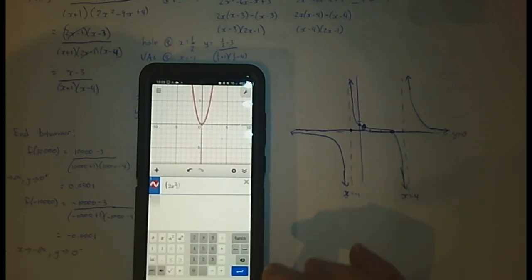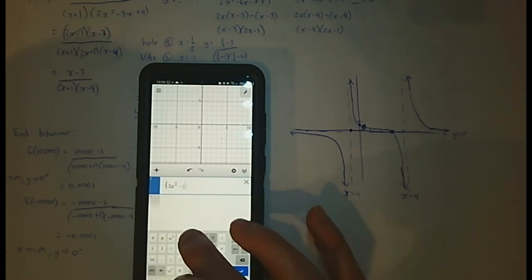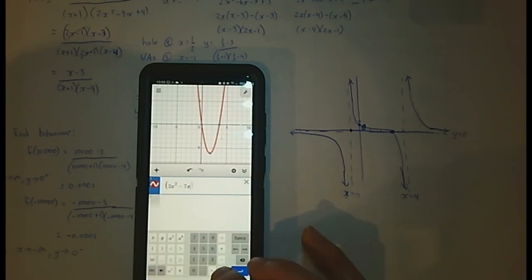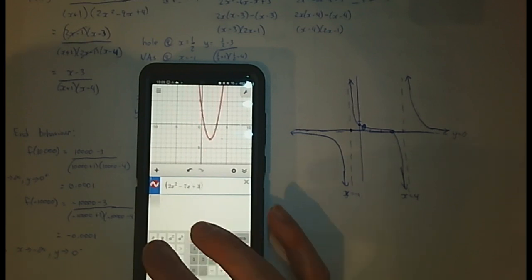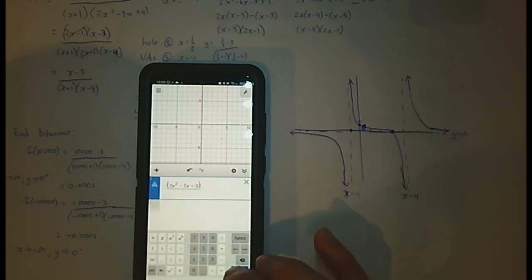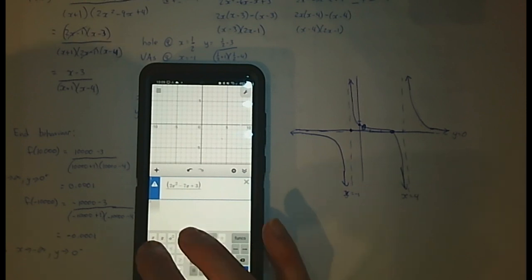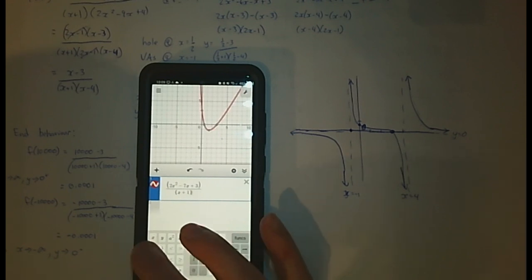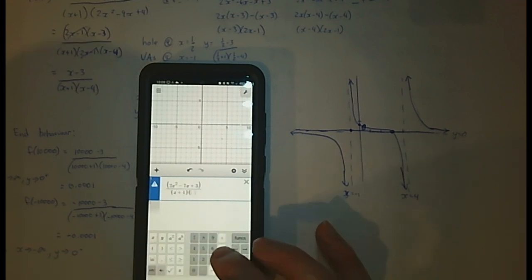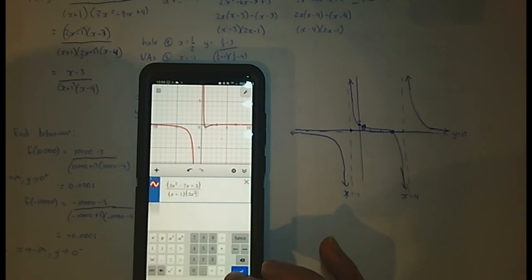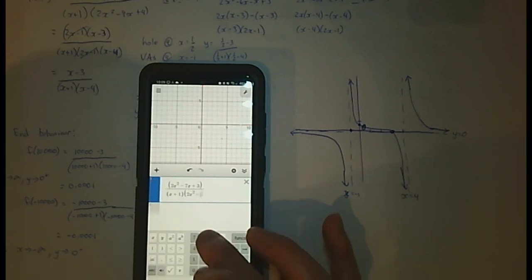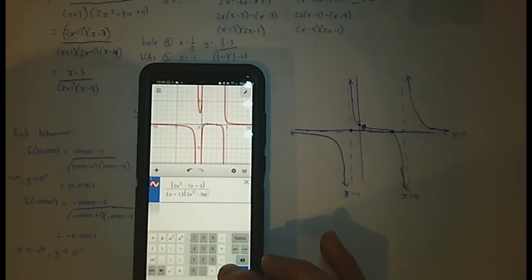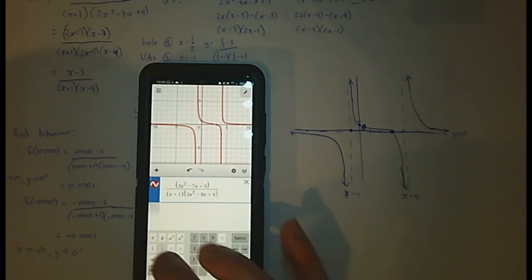So 2x squared minus 7x plus 3, and that's the numerator. And then the denominator is going to be x plus 1 times 2x squared minus 9x plus 4.